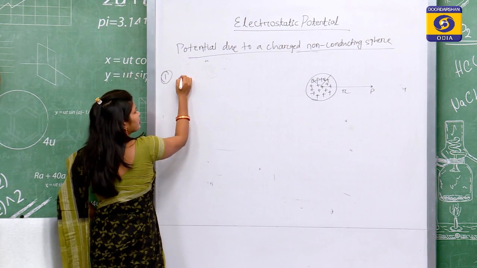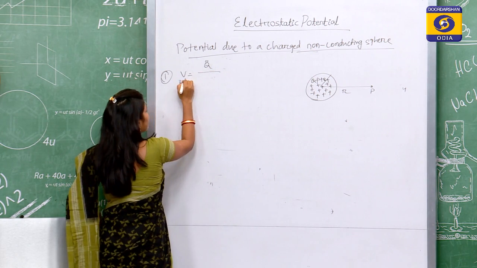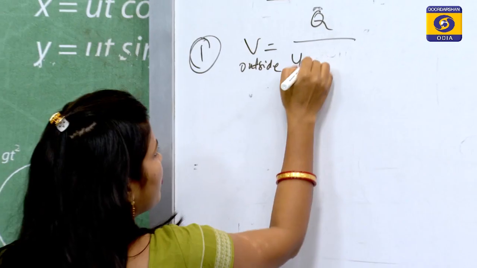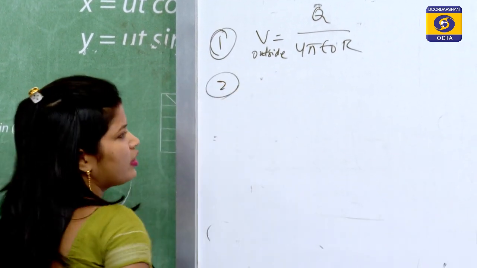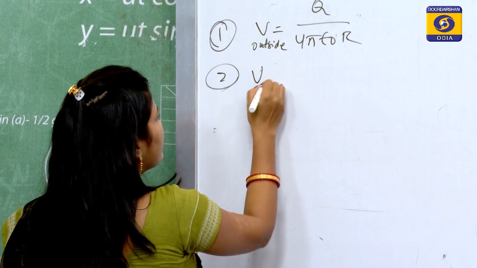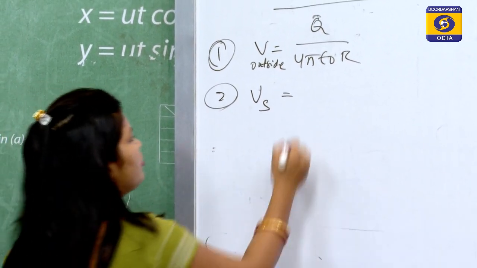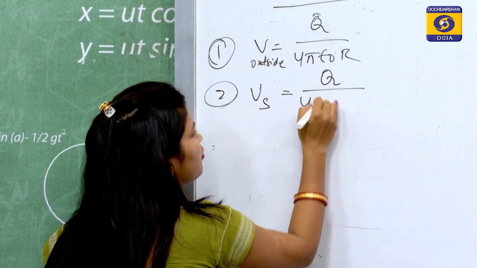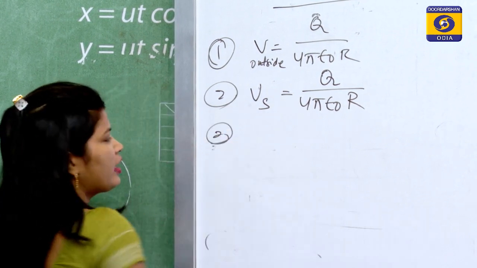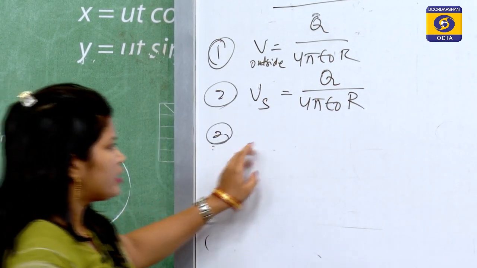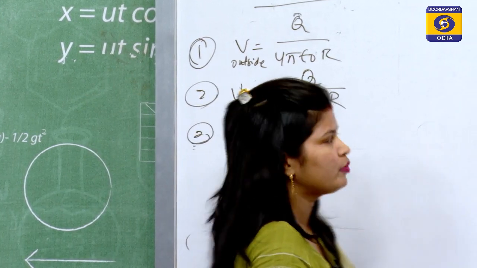Similarly, in case 1, outside, V is Q upon 4 pi epsilon naught small r, and on the surface, the potential Vs is equal to Q upon 4 pi epsilon naught capital R. And the third case is most important: inside the charged non-conducting sphere, what is the potential?